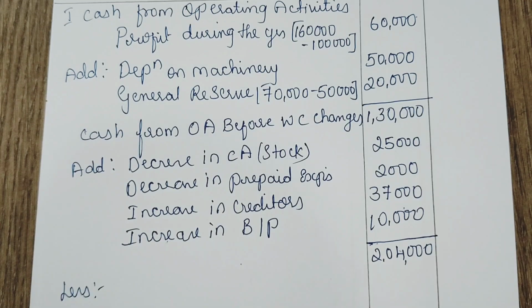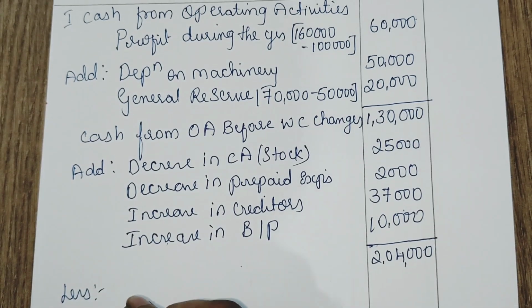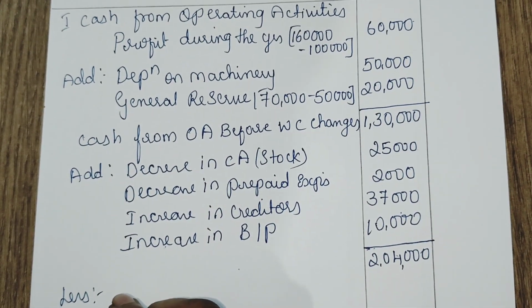Now this profit on sale, non-cash income, that we have to minus.